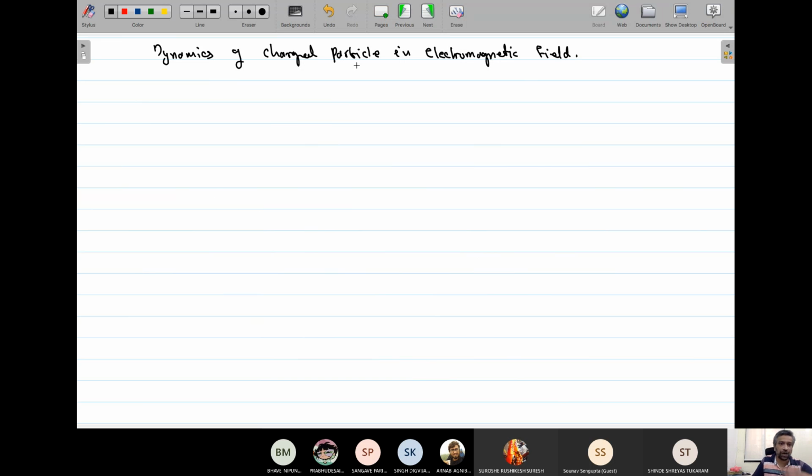So I have an electric field and a magnetic field. Let us consider a particle with charge E, not necessarily the charge of an electron. Instead of Q, I'm writing E. This is the charge of the particle. And my aim is to construct the action for this system.